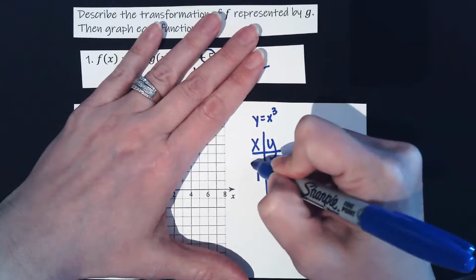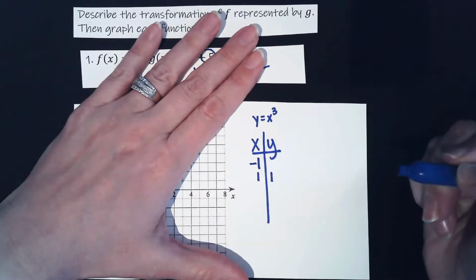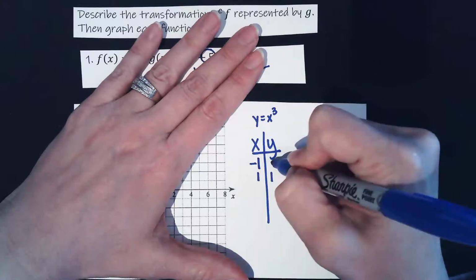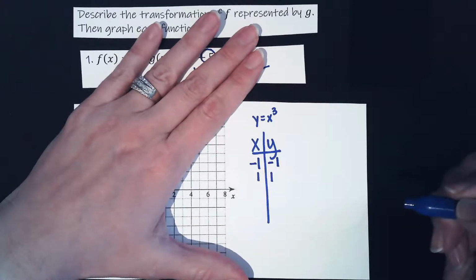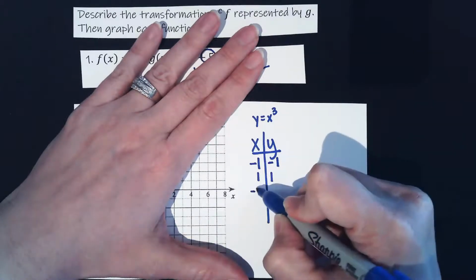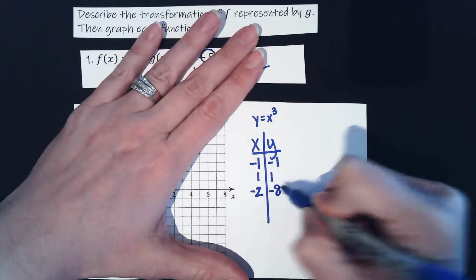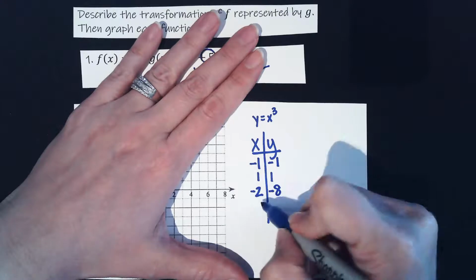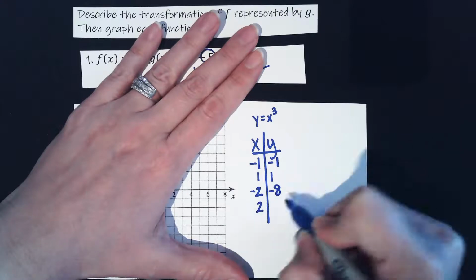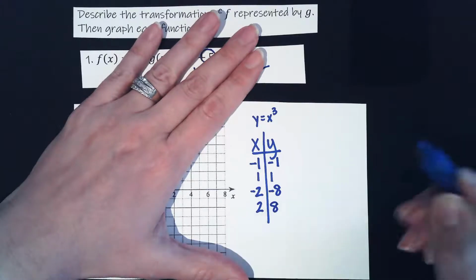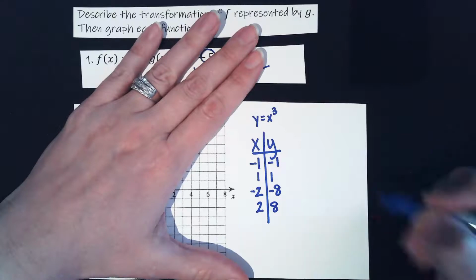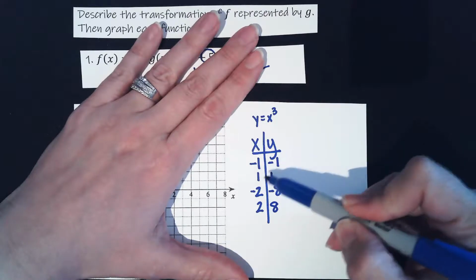But I can also say x is -1, and I cube it, and I actually get -1. If x is a -2, you get -8. And if x is a +2, you're going to get a +8, because 2 times 2 times 2 is 8. And since it's an odd power, the signs stay.